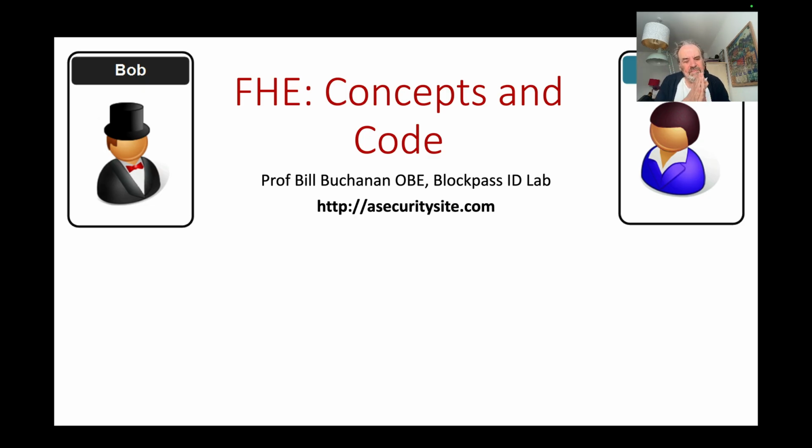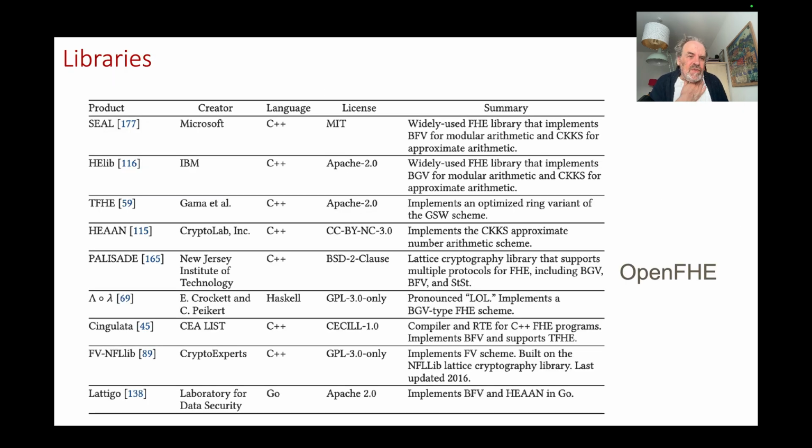So let's have a look at some basic concepts and some code. Some of the code might be a little bit difficult to interpret, but really it's just there to maybe show you how the mechanics work. So there are many libraries that we can use. One of the popular libraries from the past was created by Microsoft, and that's the SEAL library, not as much used these days.